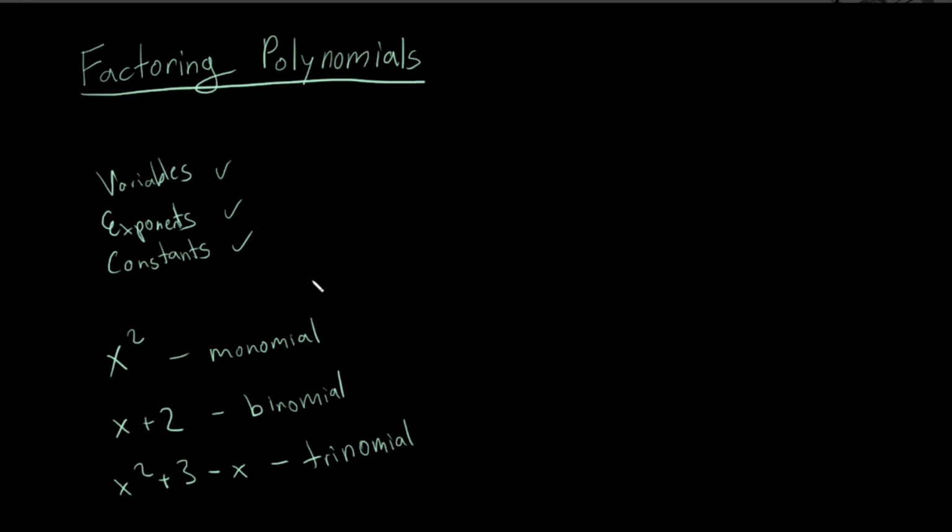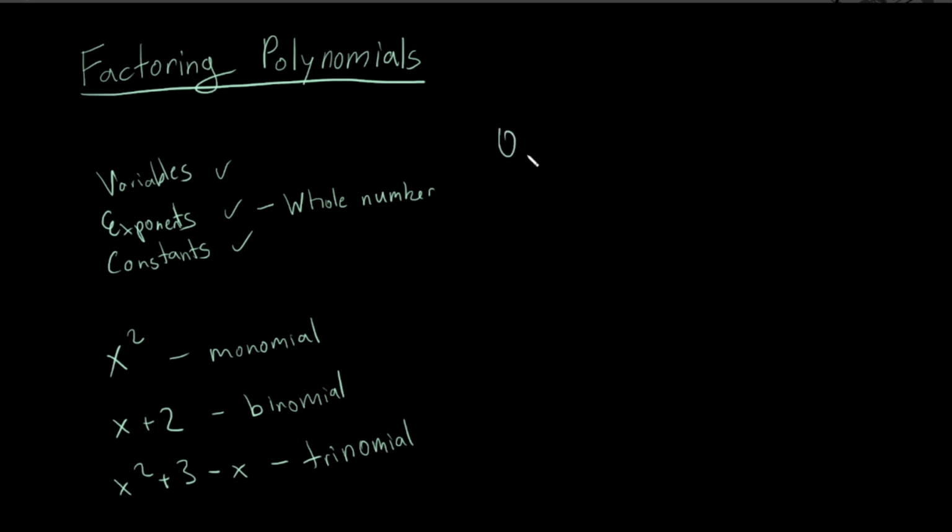Now, for all cases of polynomial expressions, the exponents can only be of whole number values. So for variables in particular, exponents can only be whole numbers. Now, whole numbers just basically means that you can have exponents and you include 0, but you only have counting numbers or natural numbers.